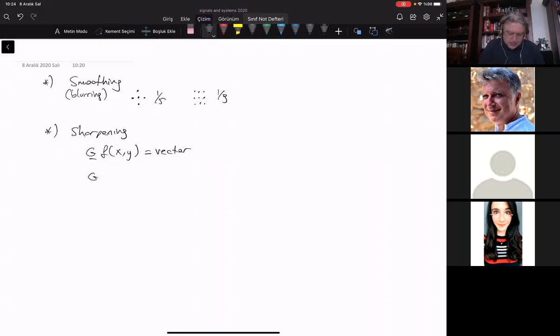But we will be trying to, let me put these curly parentheses here to indicate the operator. We can assign a gradient operator without a bar, indicating that we are looking at the magnitude of this gradient vector.